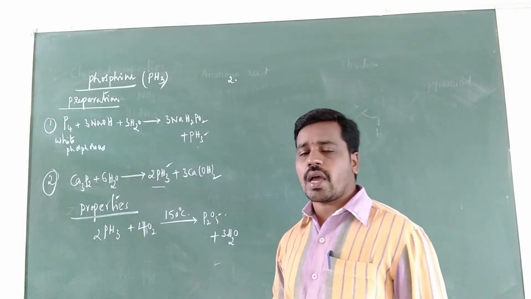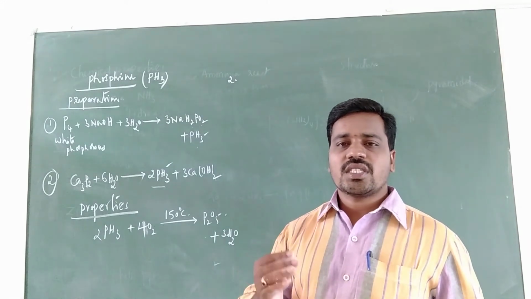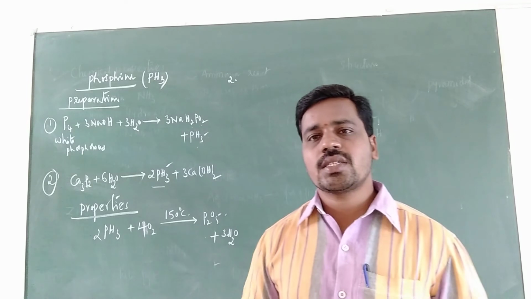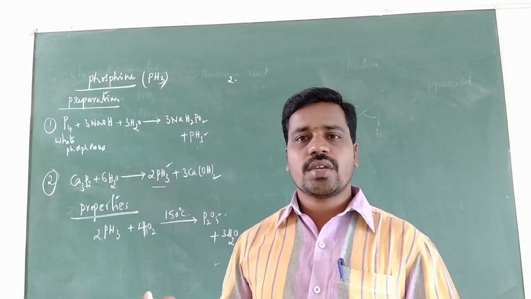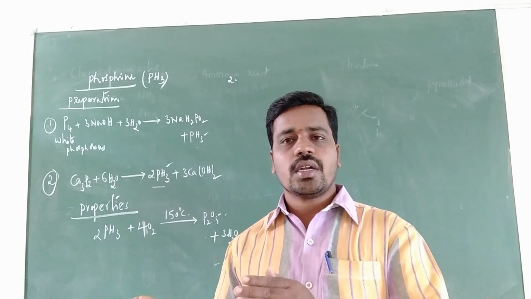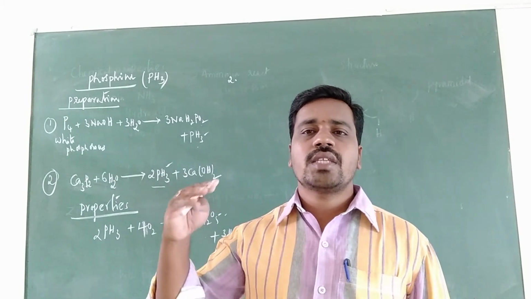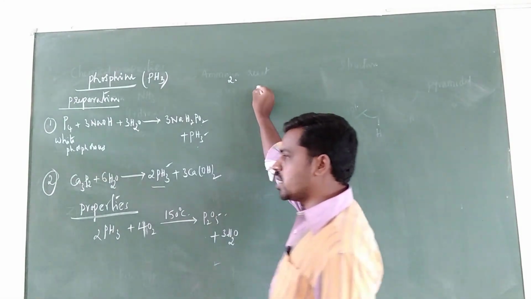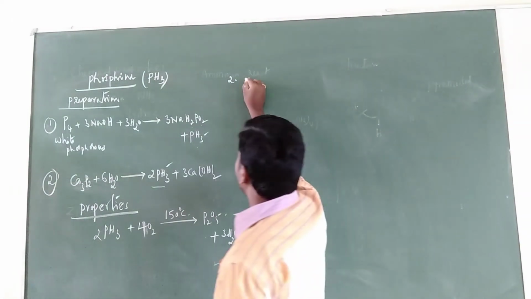HI is an acid, which indicates that phosphine has some basic nature. How can we tell that phosphine has basic nature? Because it is reacting with HI, hydroiodic acid. So it is reacting with acid, that's why we can tell that phosphine has some basic nature.